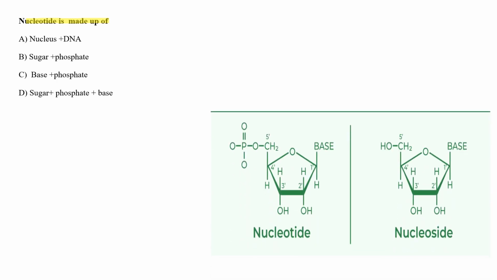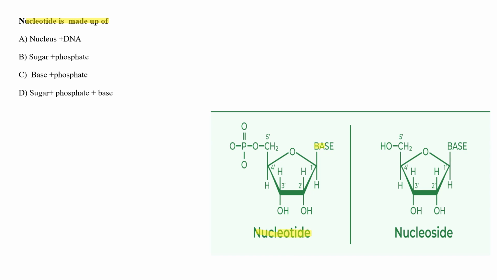Now, nucleotide is made up of option A, nucleus plus DNA, option B, sugar plus phosphate, option C, base plus phosphate, and option D, sugar plus phosphate plus base. So let us see the structure of two molecules which can be asked, other than nucleotide is nucleosides. So we should know about both. In case of nucleotide, we have a sugar. This is our sugar.